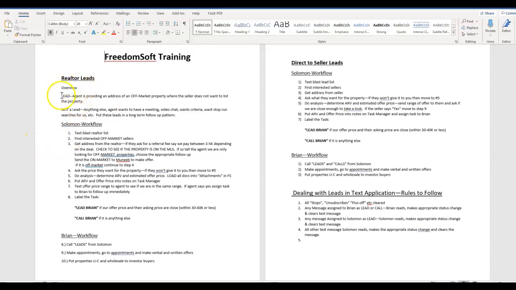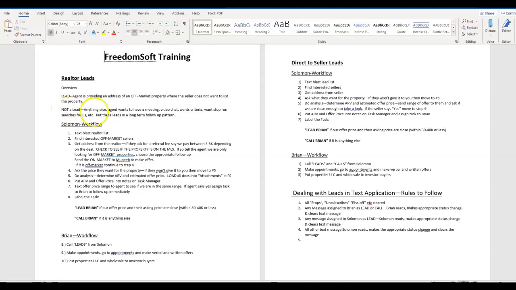What we're looking for from these agents is an agent that maybe does one or two deals a year, that knows a seller that has a house that just doesn't really want to list with an agent, or maybe this agent and seller think the house is in too bad a shape to put on the market. Those are leads for us. Anything else is pretty much not a lead.